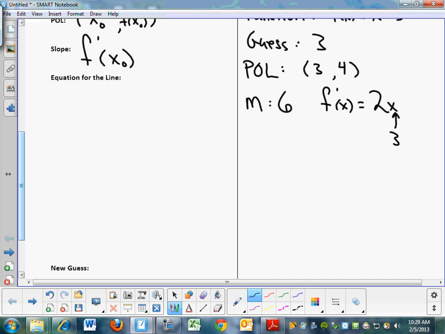And so what I'm going to write now is we need an equation for a line. And we're going to use that equation for a line to determine the x-intercept. And I'm going to write my equation for a line this time as y minus y sub 1 equals m times x minus x sub 1.